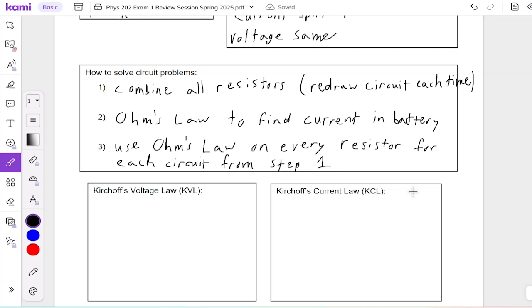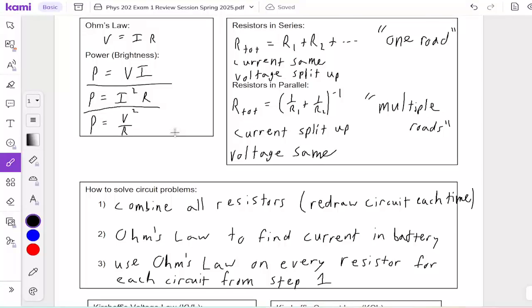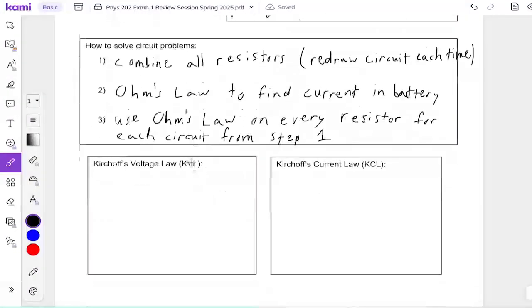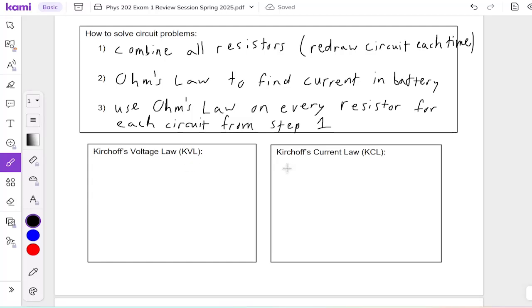And it's very different, okay? Everything I wrote so far is one way to solve circuits. KVL and KCL is another way to solve circuits. I remember now. Yeah, it almost certainly is going to show up on the test in some capacity.